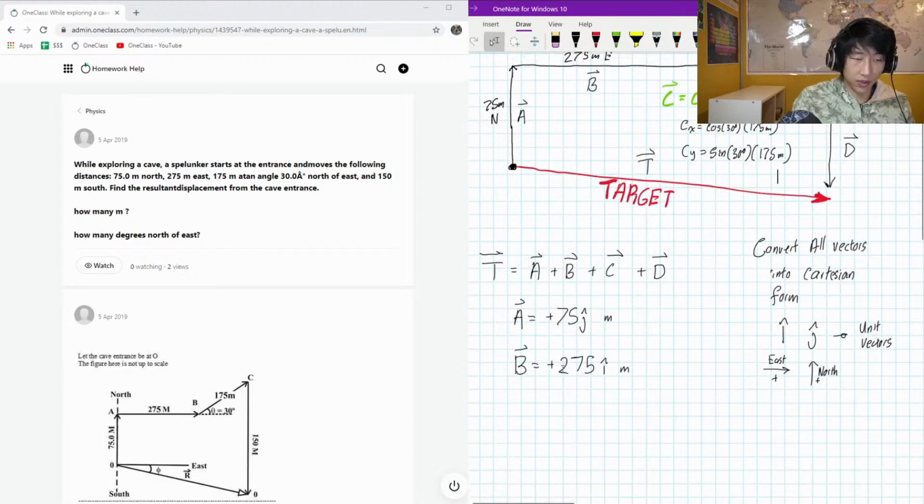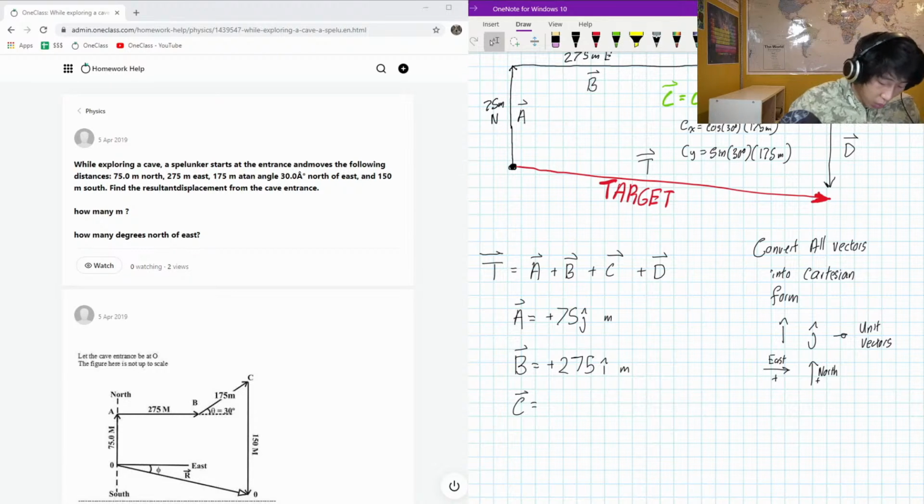Okay, so let's write out C as a complete vector here. We know that the x component is going to be cos 30 times 175. Let's actually get that as a calculation. My cosine is not that quickly done in my mind, so I'm going to use the calculator for that. And I got 151.55, and this is in the east direction, so it's going to be positive.